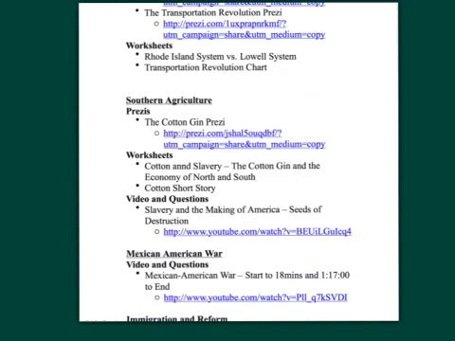Slavery was declining, but after the cotton gin was created, we see a rise in slavery, and we also see a rise in production of cotton and a rise in production in the North in the factories. So understand how the cotton gin is affecting both of these economies for the North and the South. This is going to make a huge difference later on when we talk about slavery.